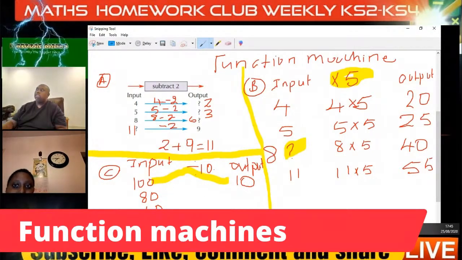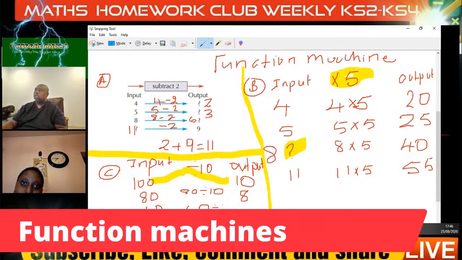Here, what is 10 into 80? 80 divided by 10. The number must get smaller. How many 10 can go into 80? 8. Right, so 60. How many 10 can go into 60?